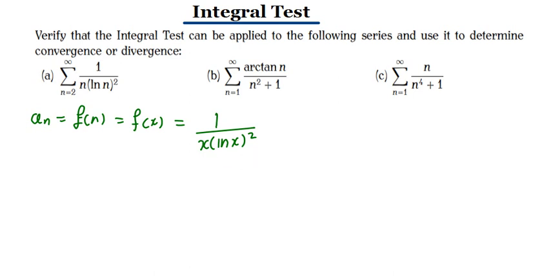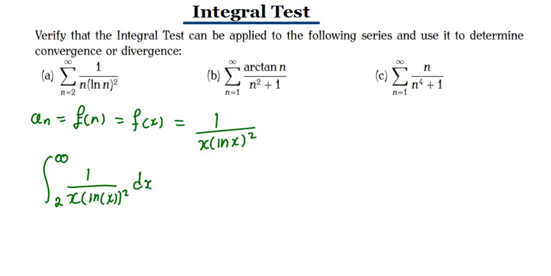So what we'll do right here is evaluate this integral from positive 1 to infinity. Wait a minute, this is actually from positive 2. That could have cost me a little bit. So that is from positive 2 to infinity of 1 over x times ln of x squared dx.